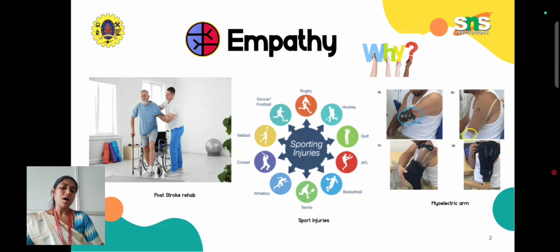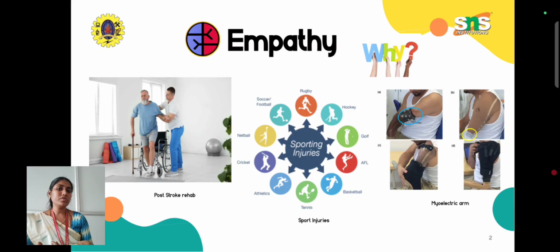This particular device will give you detailed information about your muscle strength and also nerve related problems. Where do we have to use it? You can see people like post stroke affected people, people with sports injury, or amputees.